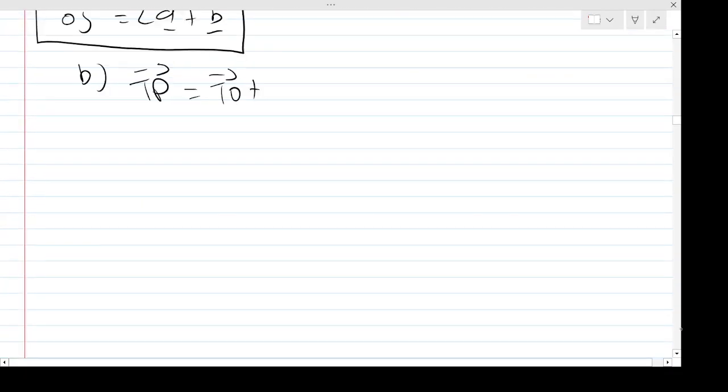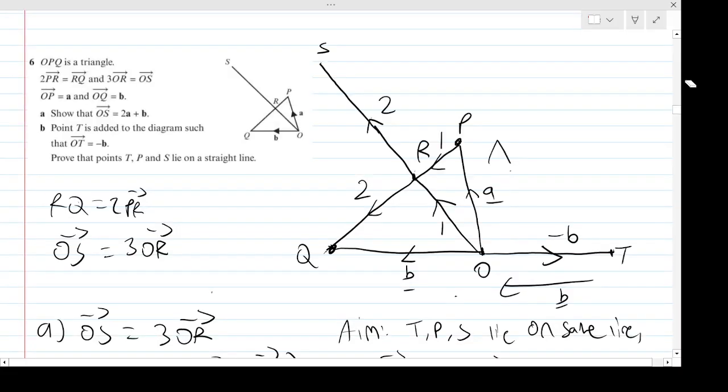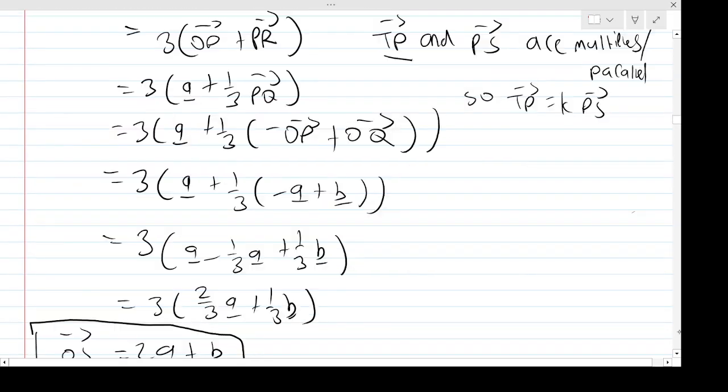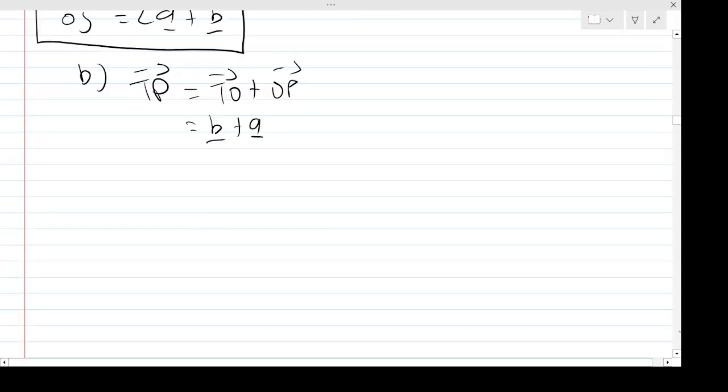There we are. Well, T to O, as we discussed, is positive B, and O to P is going to be the vector A, as we can see on my diagram there. A. And that's it. So there we are.